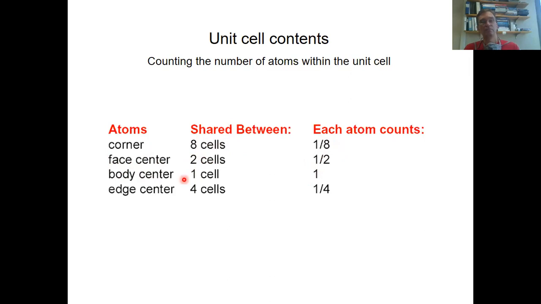When the atom sits in the body center, then the atom sits inside of the unit cell, and inside of the unit cell, there's no sharing taking place. Therefore, any atom inside of the unit cell counts fully. If the atom is located on the edge of a unit cell, then the edge is being shared by 4 other cells, and therefore each atom only counts 1/4.